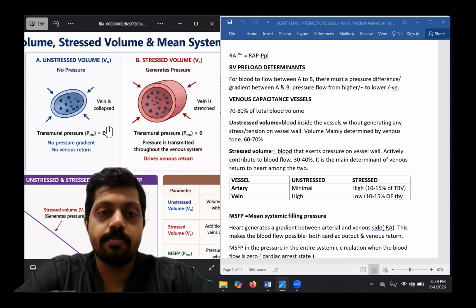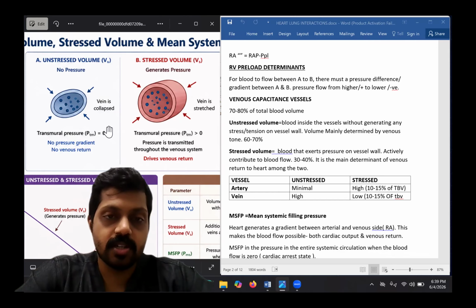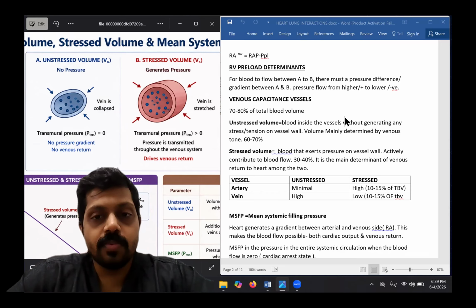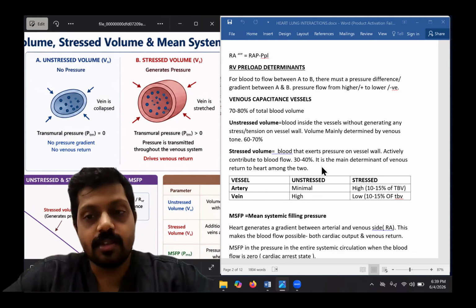Even when the heart is not pumping, even in cardiac arrest, some blood is present in the circulation. This is called the unstressed volume: the blood volume inside the vessel without generating any pressure on the vessel wall. Whereas stressed volume is the volume of blood that exerts pressure on the vessel wall.